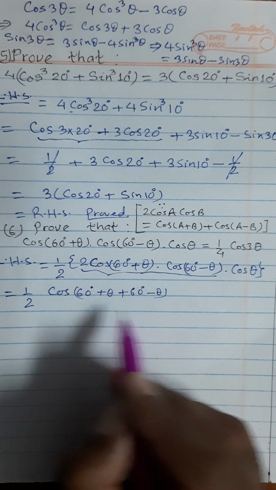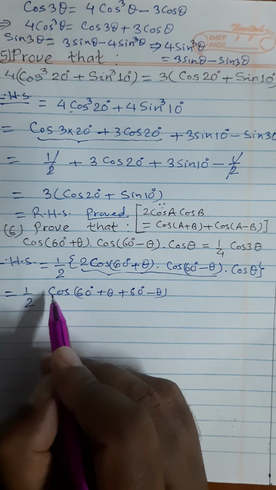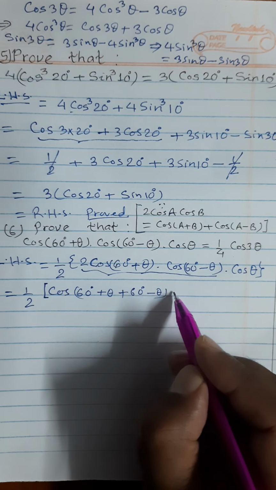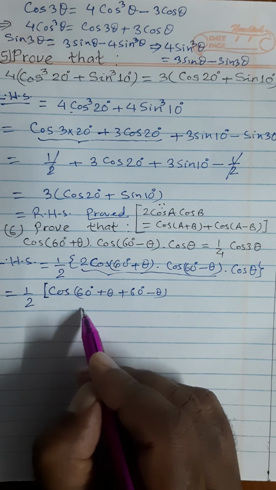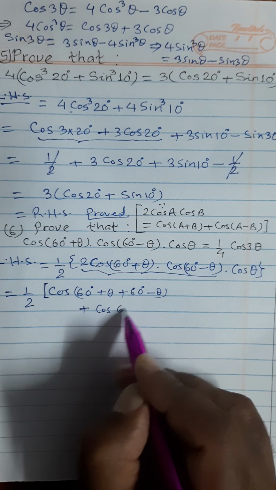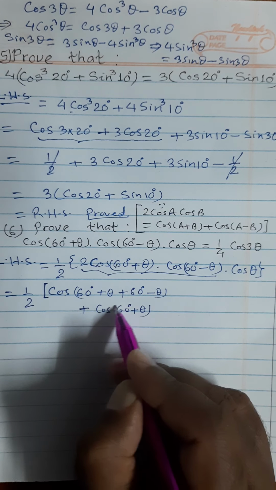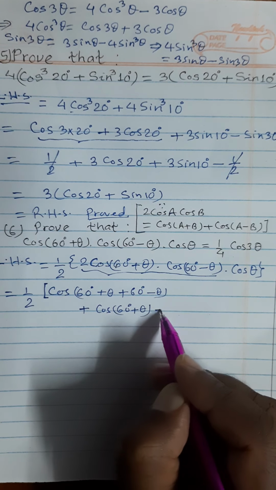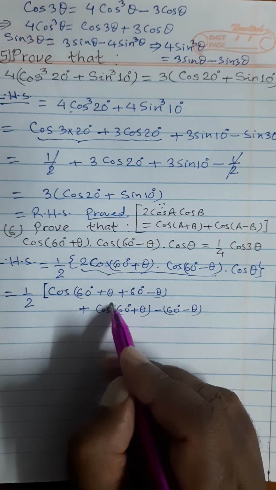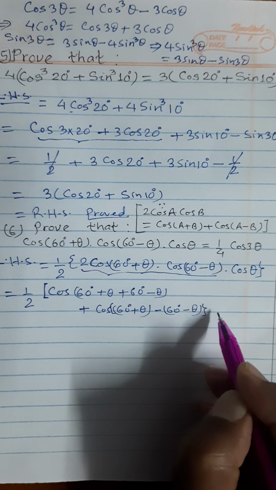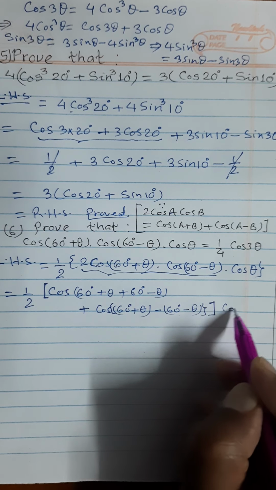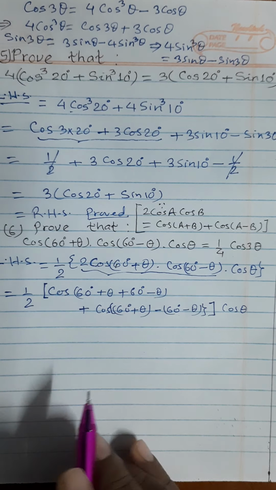It becomes cos A plus B, and now plus cos A minus B we need. Okay, plus cos A minus B, 60 plus theta minus 60 degree minus theta, cos A minus B it became, and outside there we have cos theta.